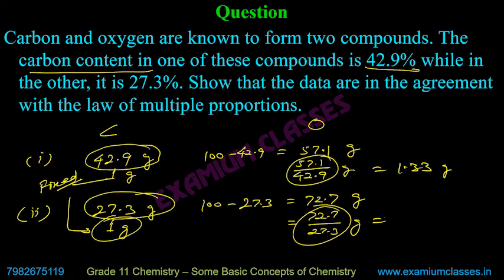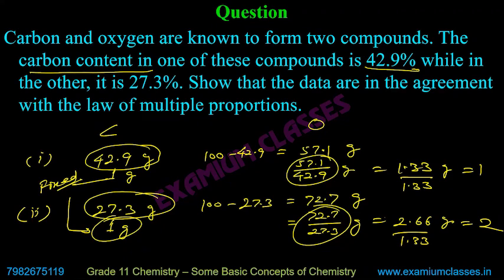And here you will get 2.66 grams, from 72.7 divided by 27.3. It means if you divide both of these by 1.33, it will be a 1:2 ratio, which is a simple whole ratio. Any confusion, let me know.